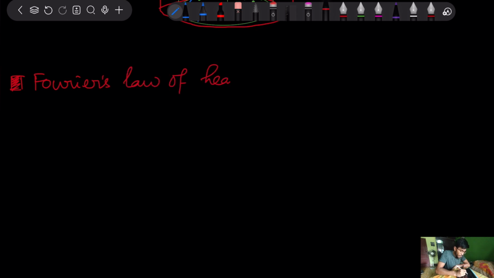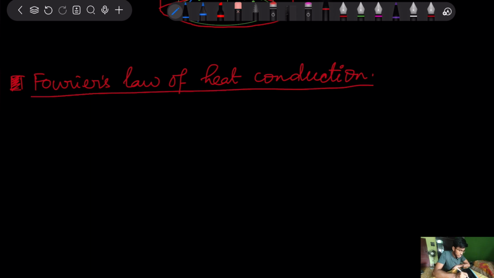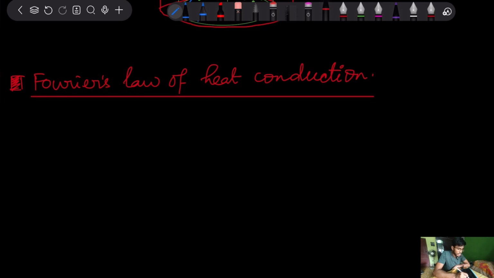Fourier was a great mathematician as well as an engineer, and I think most of you have already heard about the Fourier series and the Fourier transform, which have a great amount of application in engineering as well as in mathematics, and in data science also. So let us proceed with Fourier's law of heat conduction.